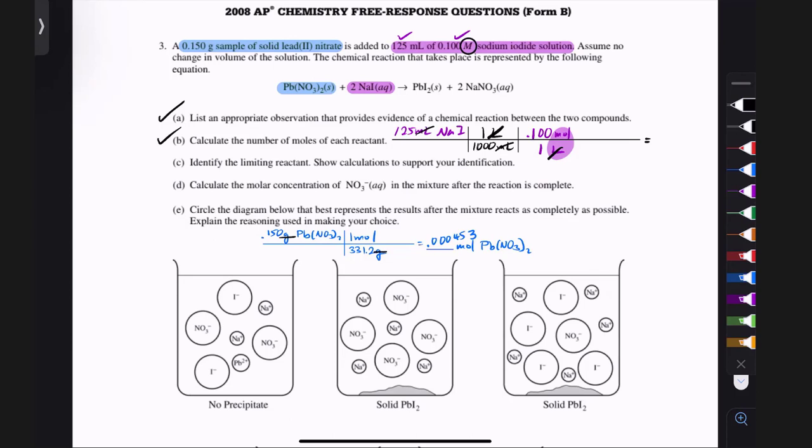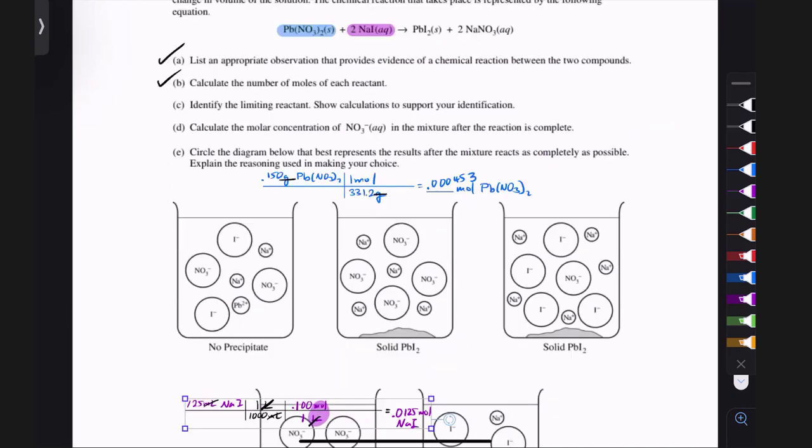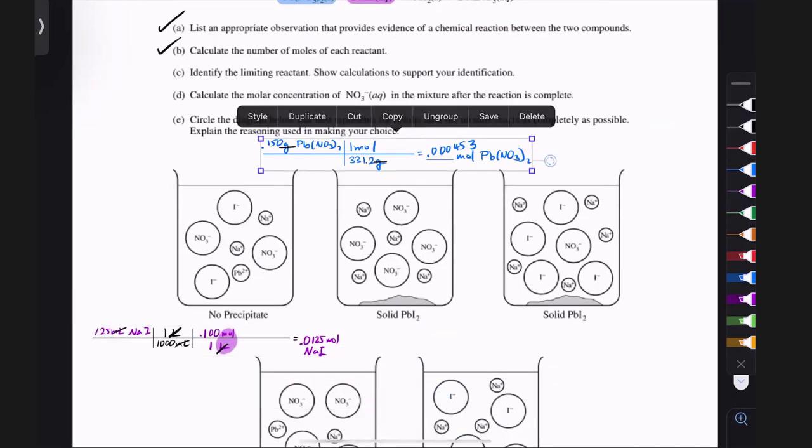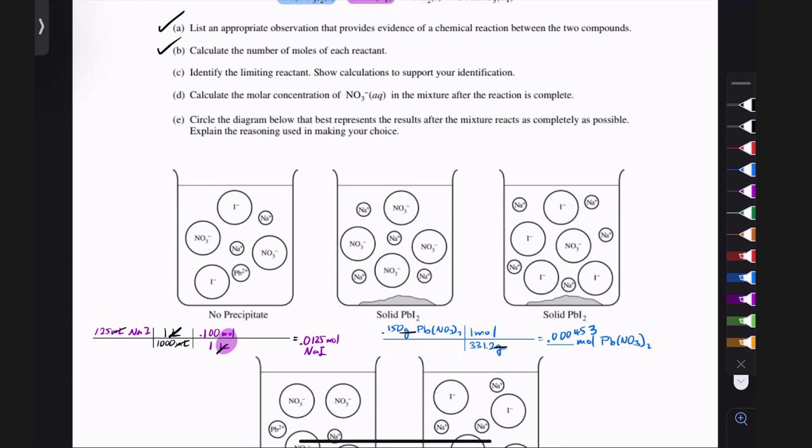I'm just eyeballing it here: 0.0125 moles of sodium iodide. That should be correct. So that's how many moles of sodium iodide there is. Let me put this down here. Not enough room to work with.